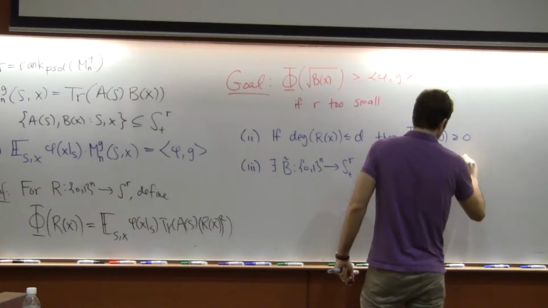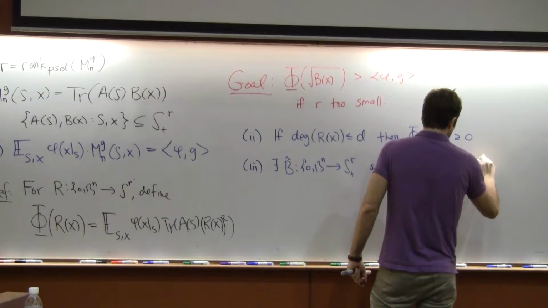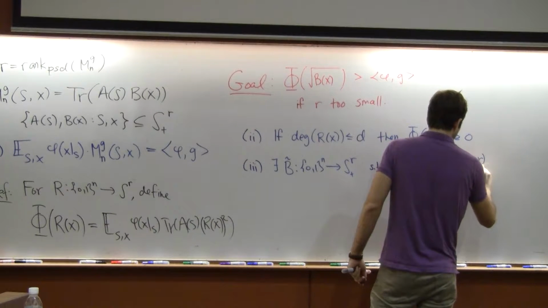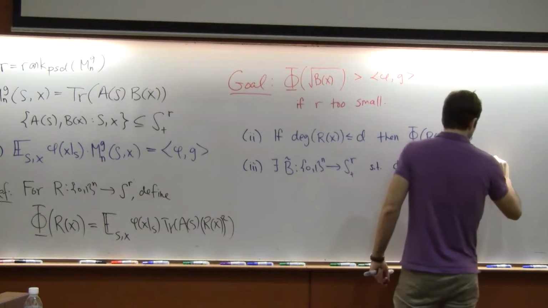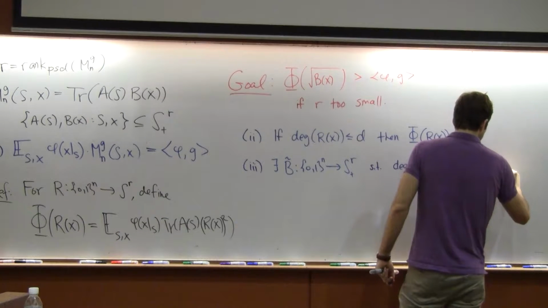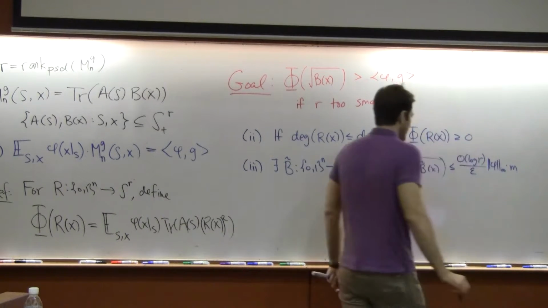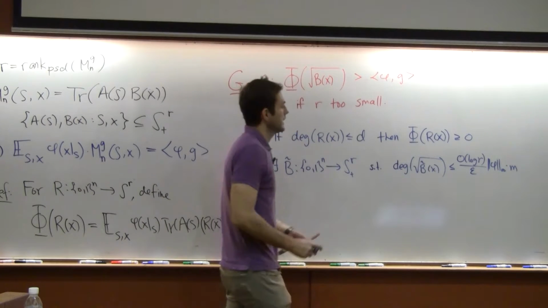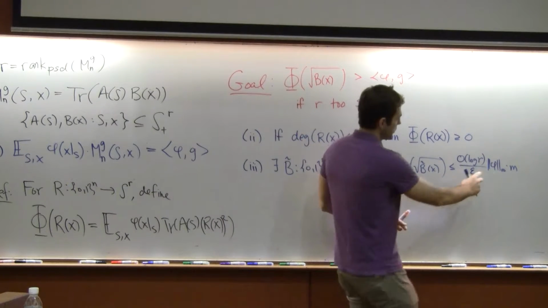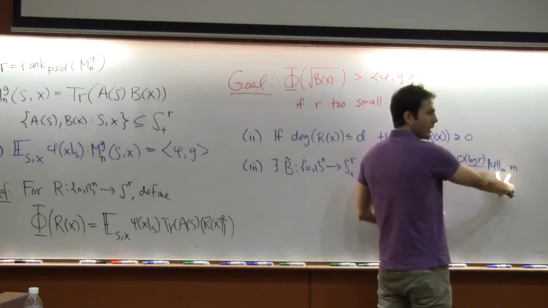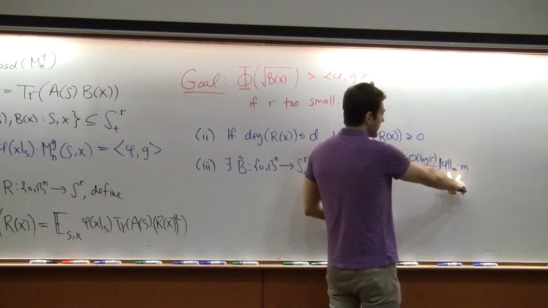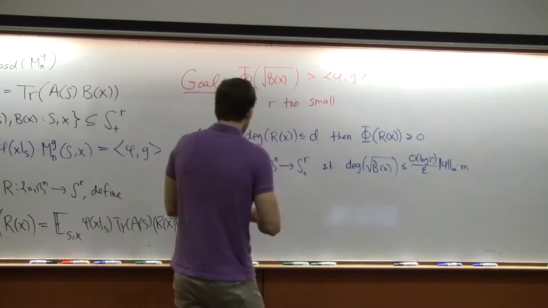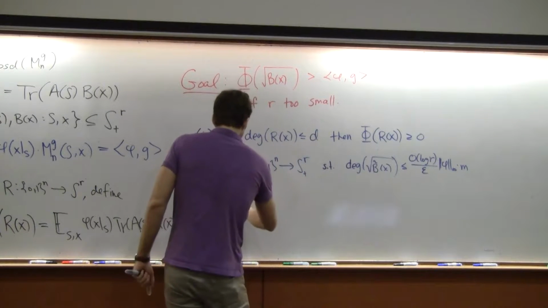So the degree we got was order log r over epsilon, times this times this. You should think about phi and m as both constants that depend on g. So really, this is just order log r.